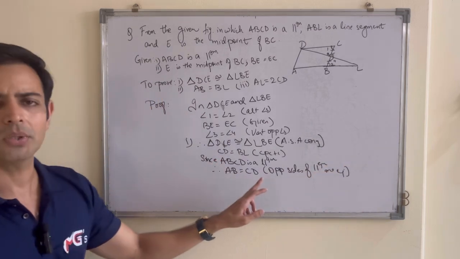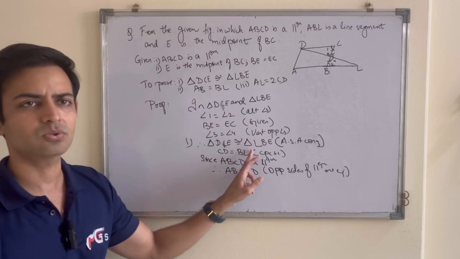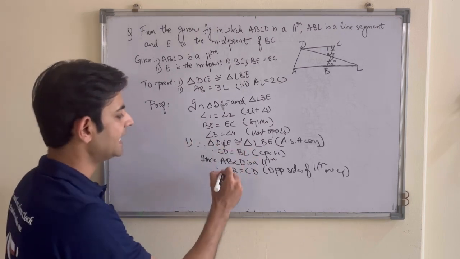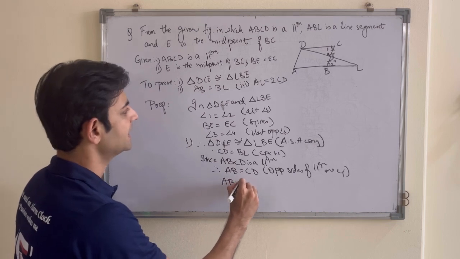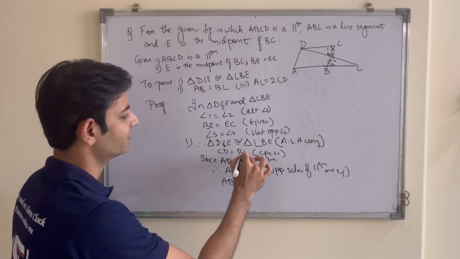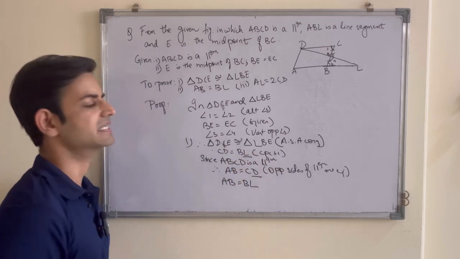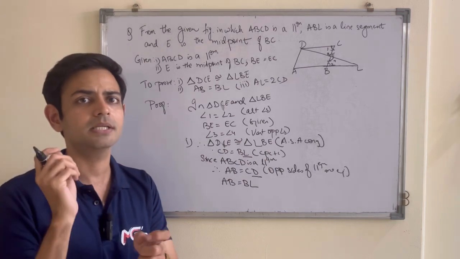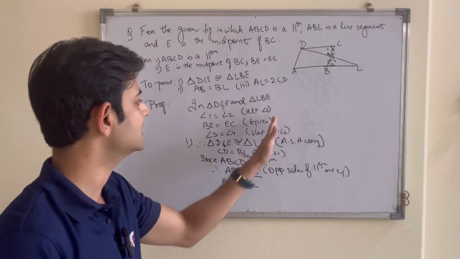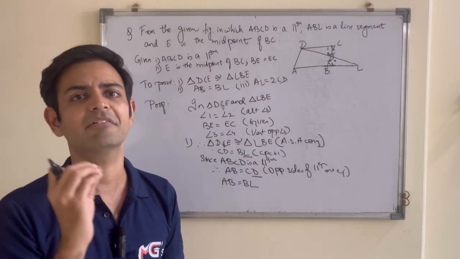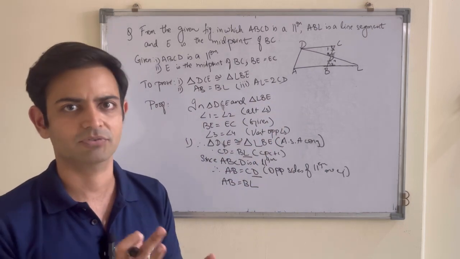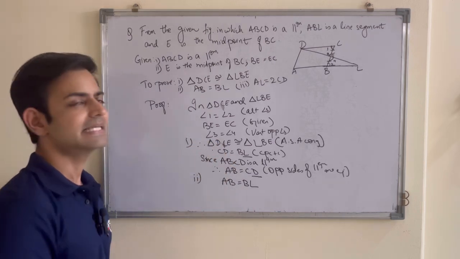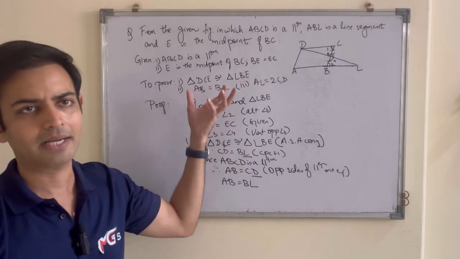Now AB is equal to CD and CD is equal to BL. So from these two, we can say that AB is equal to BL. Now remember, in geometry, you are supposed to write these reasons. These reasons are very, very important. You get marks for that. So AB is equal to BL. This proves my second part as well.